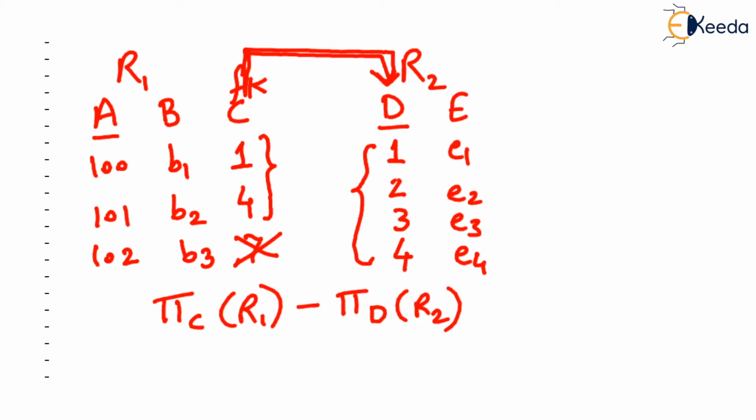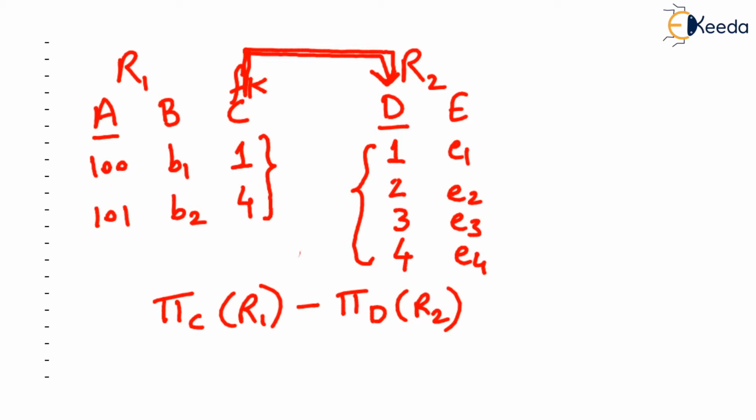It means that C can have a value only if that value exists in the other table's D column. This is known as a constraint. This is the limitation we have put on C: you cannot have a value which does not exist under the D column. And this is called referential integrity, obviously because C references D.